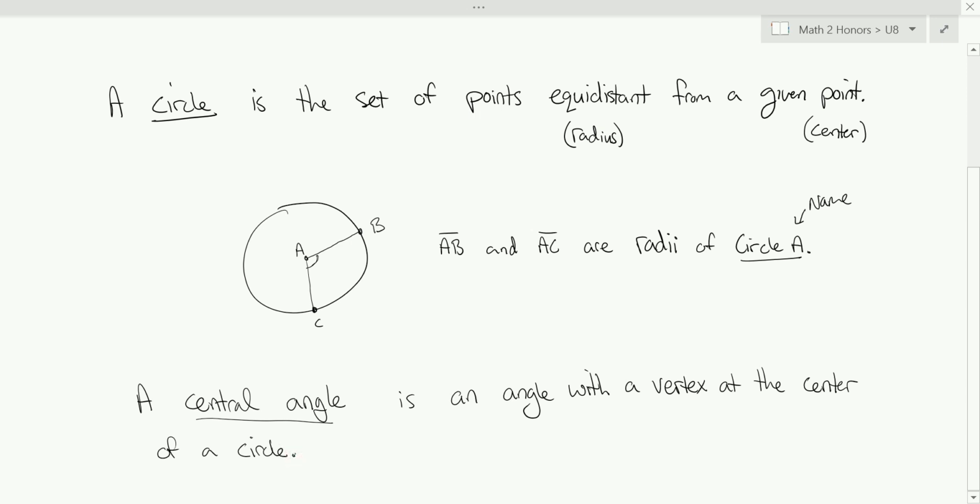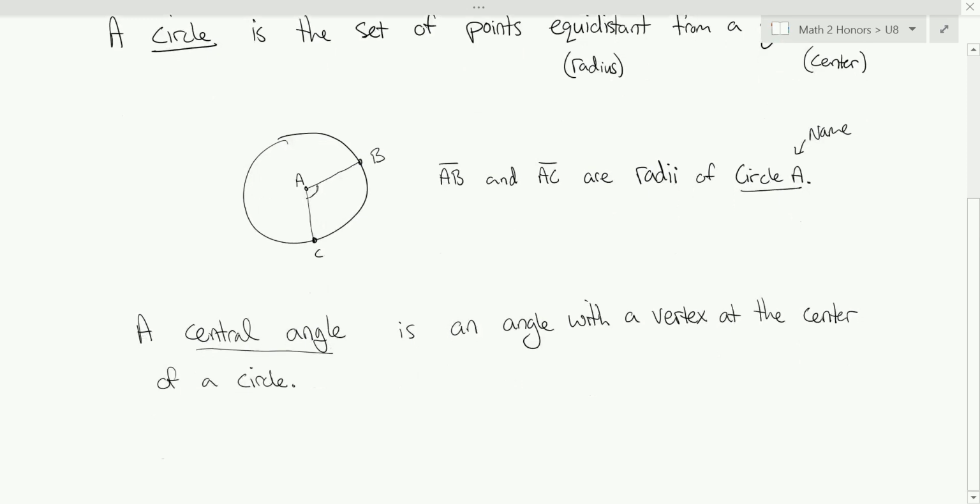Okay. So in the example above, we would say that angle BAC is a central angle of the circle. Let's say that angle measurement is 80 degrees. Okay.